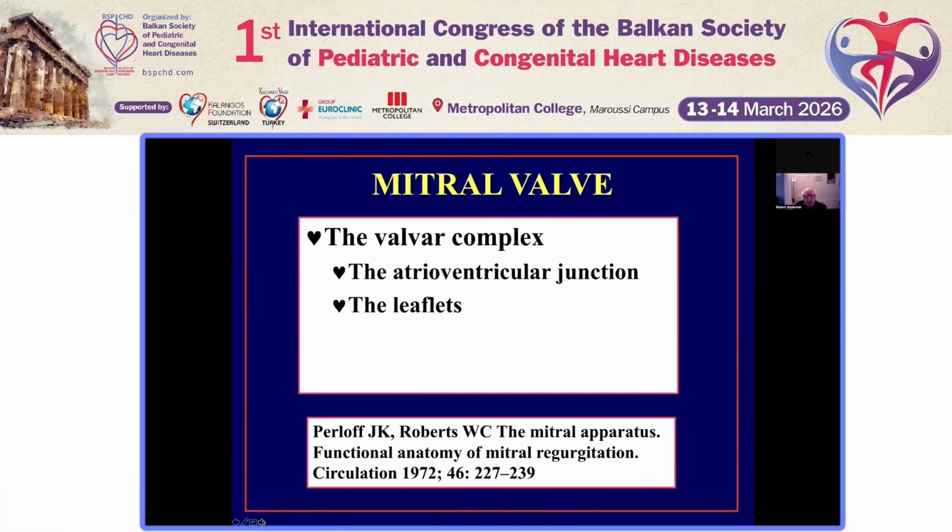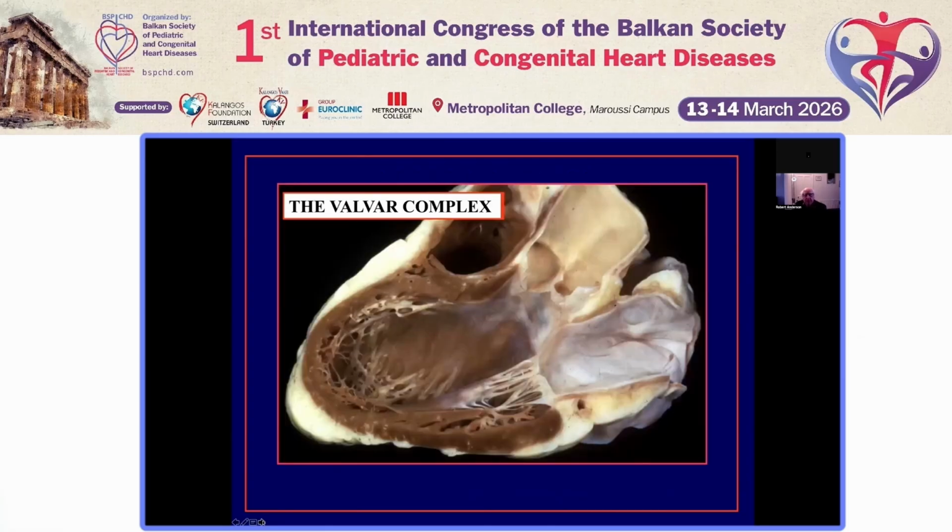Then we're going to look at the leaflets, the way they are supported, the tendinous cords, and of course the support offered to the cords themselves, the papillary muscles. So pictures are worth thousands of words. This is what the valvar complex looks like when you observe it in the parasternal long axis equivalent.